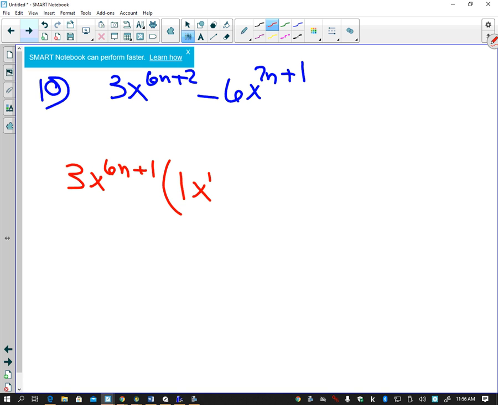All right, now I need 3x to the 6n plus 1 to multiply by something to get negative 6x to the 7n plus 1. So 3 times what equals negative 6? Negative 2. And x to the 6n times what would equal x to the 7n?